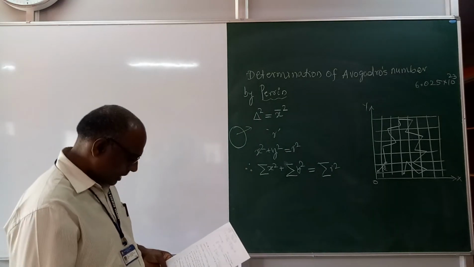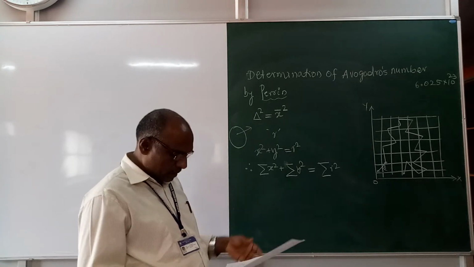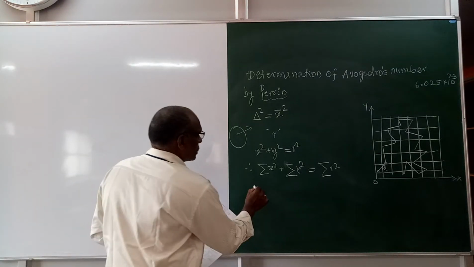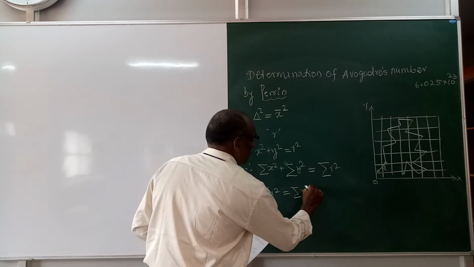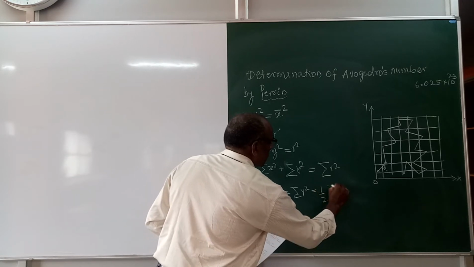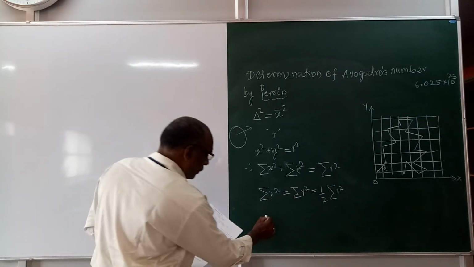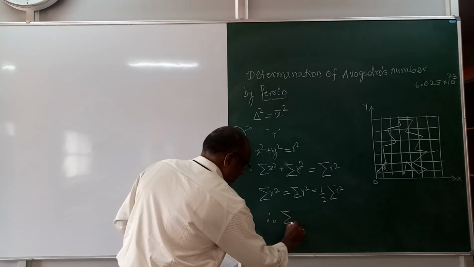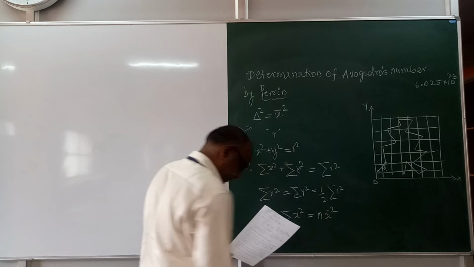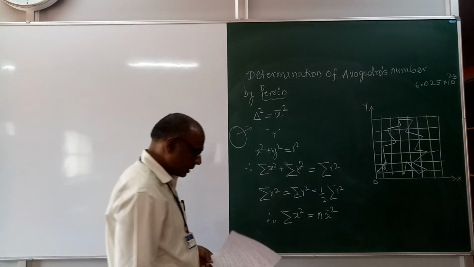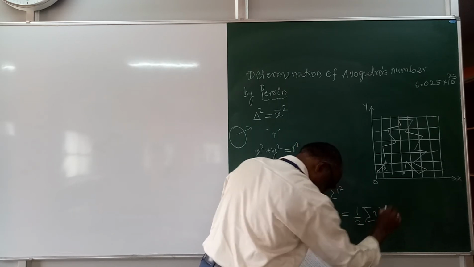Now x and y are directions which are equally preferred. So summation x square is equal to summation y square, which is equal to half of the observed r square. Therefore I can write summation x square is equal to n times x bar square, where n is the number of observations, which is equal to half summation r square.